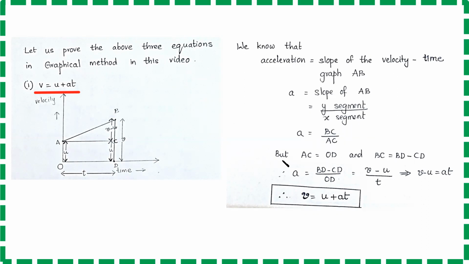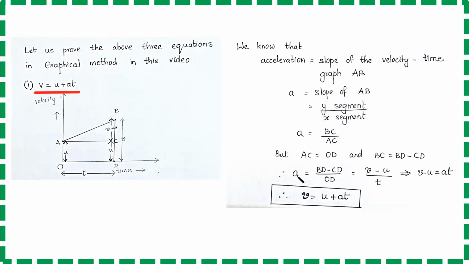But from the figure you can show that AC is equal to OD, which is equal to t. Similarly, BC is equal to BD minus CD, that is v minus u.